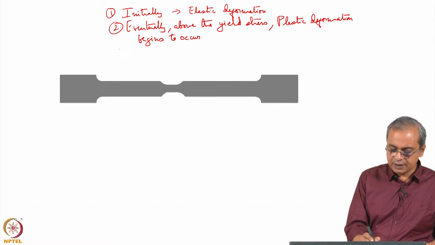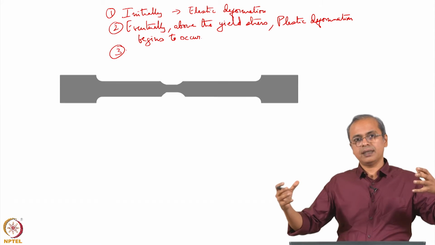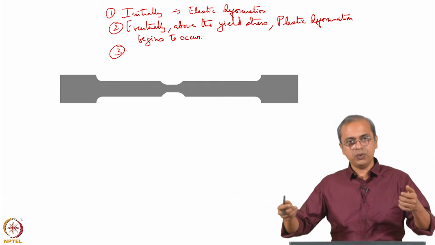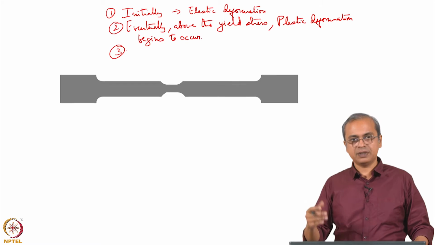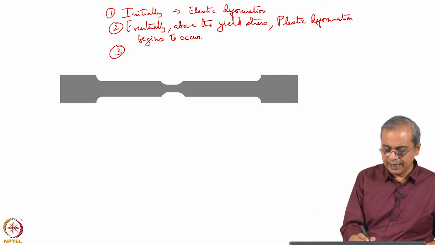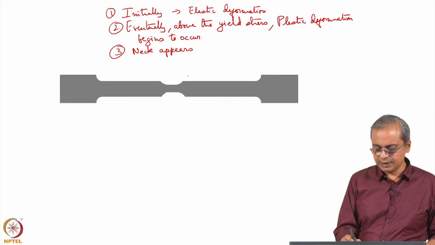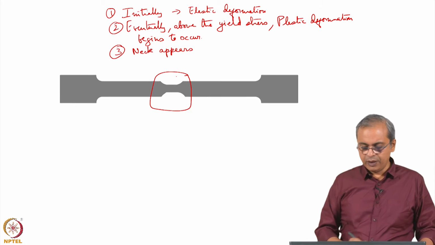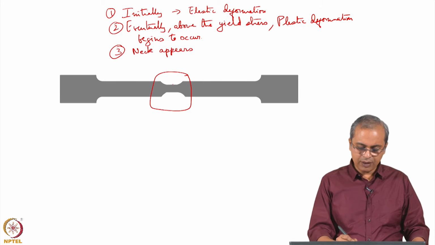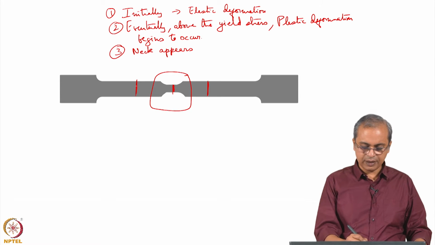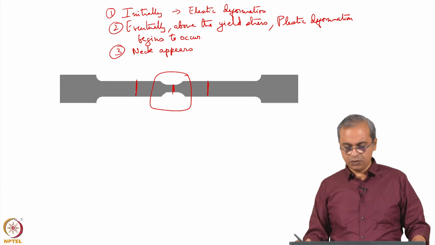Then what happens is, if you continue this stress strain experiment, and you continue to increase the load on the sample and therefore the stress on the sample, a neck begins to appear. Okay, so this is a neck. You can see here that the cross sectional area here is distinctly less than the cross sectional area here and here.